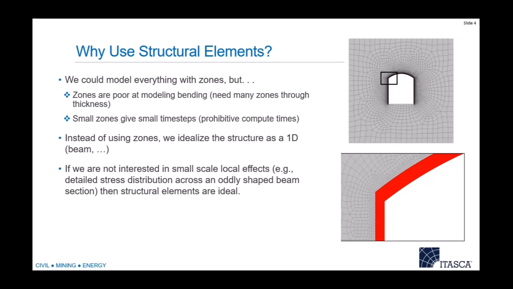To really model this correctly and represent the response of a structure like a liner, you need a lot of zones through the thickness of it, typically on the order of 6 or 10. So you think about that shotcrete, maybe it's sprayed on there a couple inches thick. You're going to have a couple inches of shotcrete modeled with 10 zones thick in a tunnel that's meters upon meters wide.